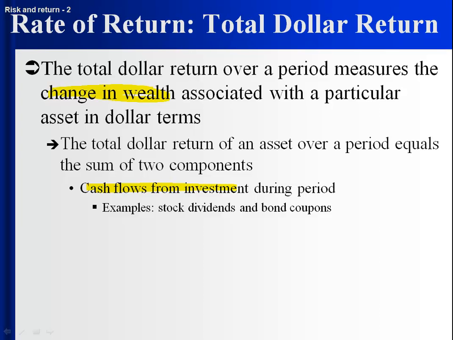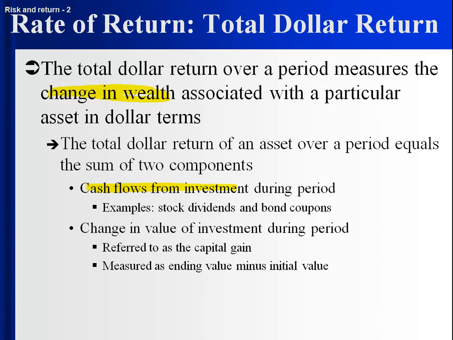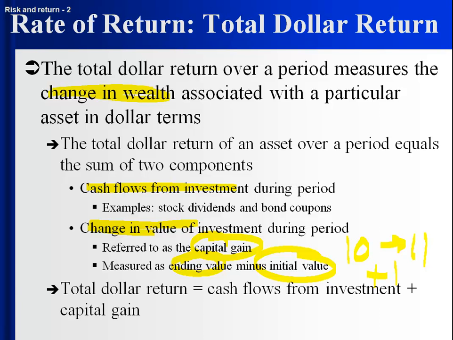If it's a piece of real estate, rent after all the expenses and everything can produce cash flow. The second is the change in value of the investment, which is the capital gain, and it's the ending value minus the initial value. So if I had a stock that went from $10 to $11, then I'm at +1, nice capital gain. If it went from 10 to 9, I'm at -1. I want to take that into account. Add the two up, and that's your total dollar return.